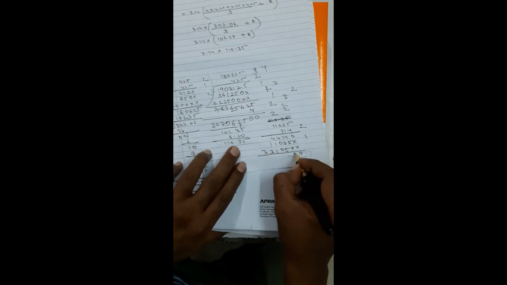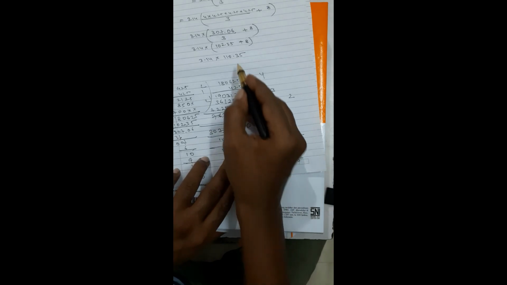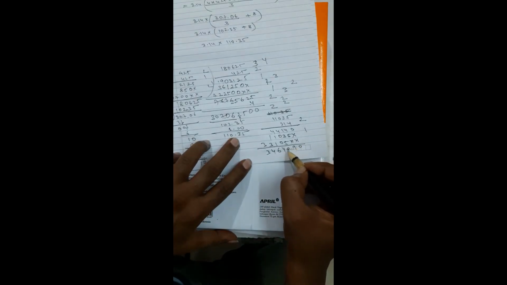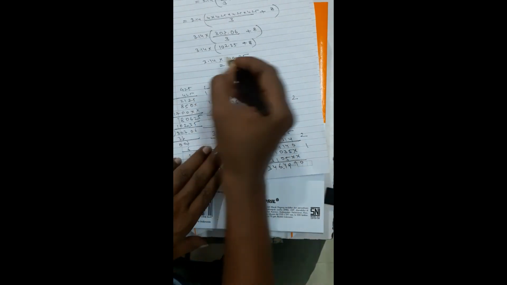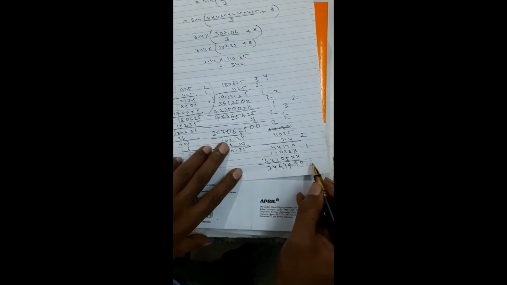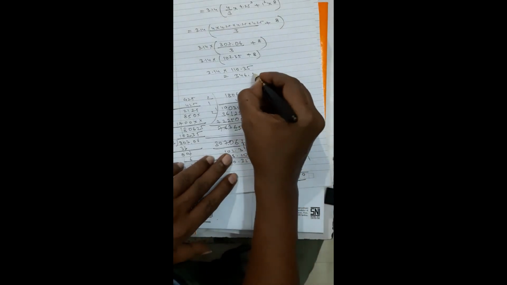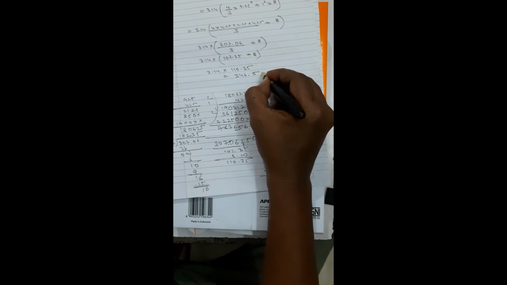What I get? 0 9 8 9 4 6 4 3. Now decimal 2 to 4 decimal places, 1 2 3 4. This will be equal to 346.499, so I can make it 346.5. This is how much? Centimeter cube.